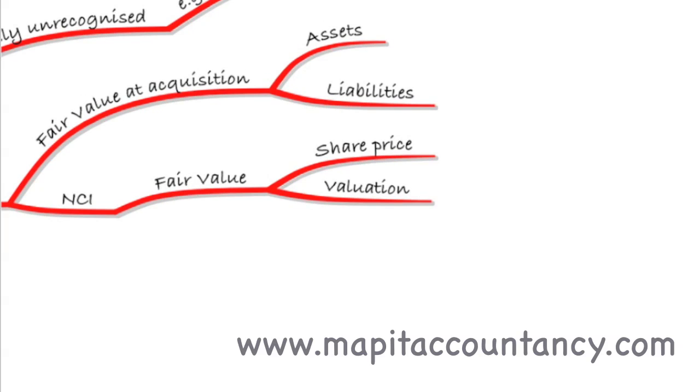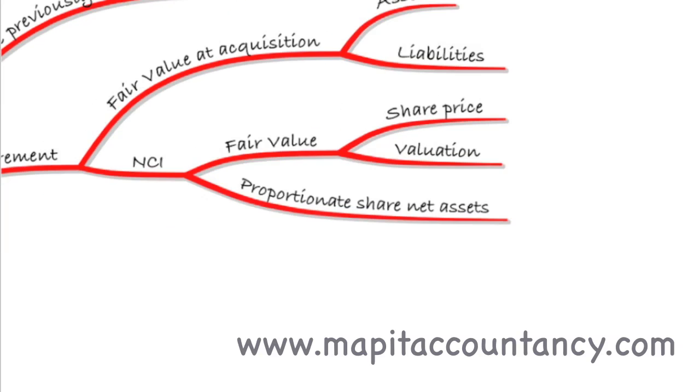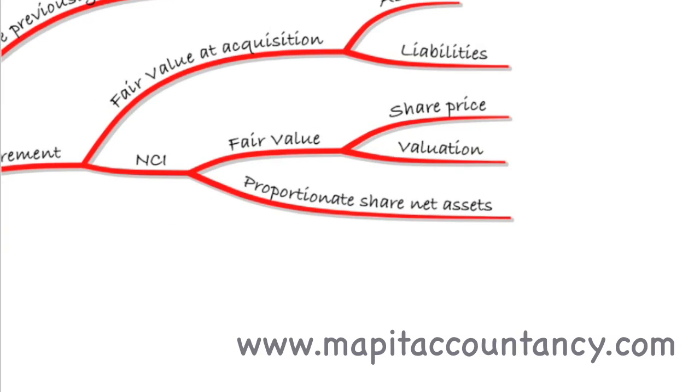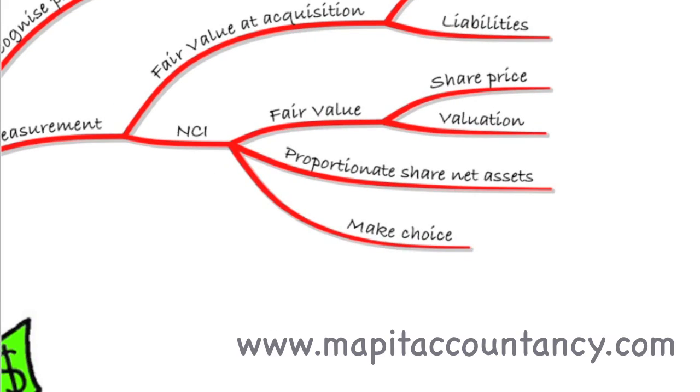That allocates some goodwill to the non-controlling interest, which we'll meet in our goodwill lecture. Or we can use the proportionate share of net assets, and that doesn't allocate any goodwill to the non-controlling interest. But you do have a choice when you're preparing the financial statements as to which one you'll use. In the exam, you'll use the one that the examiner tells you to.